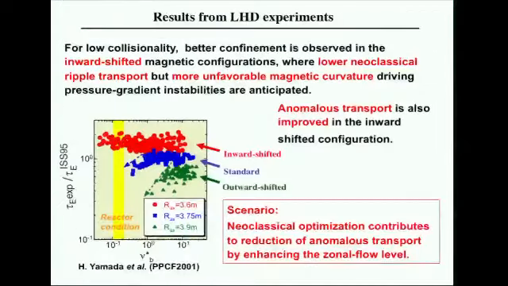And here, LHD experimental results are shown. Experimental data shows that for the low collisional case, better confinement is observed in the inward shifted configuration, where lower neoclassical ripple transport is expected but more unfavorable magnetic curvature driving the pressure gradient is anticipated.